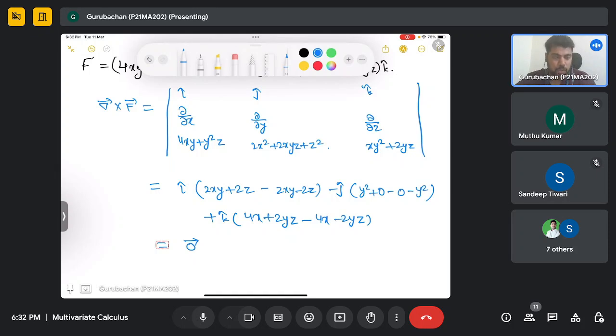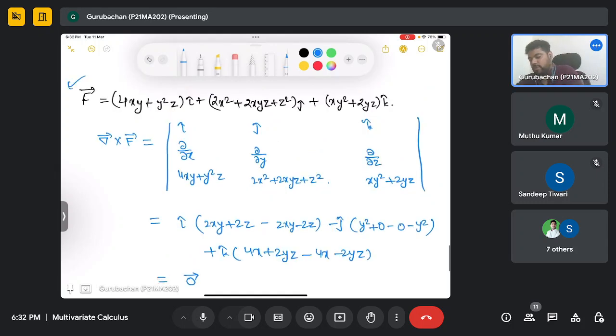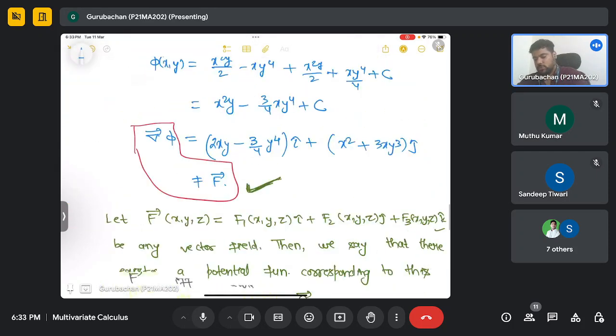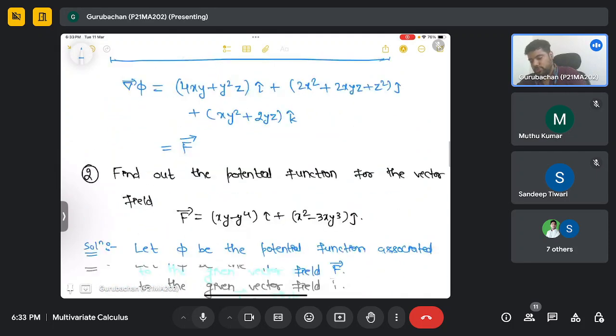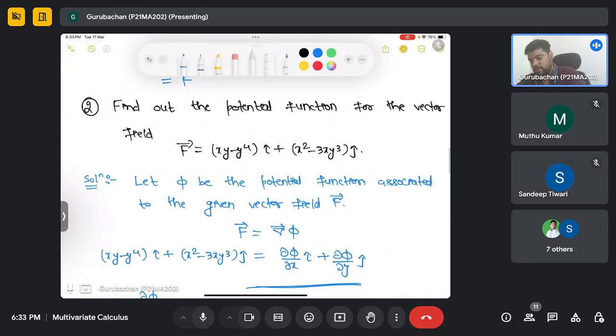So that means for this first question, we can guarantee that we have a potential function corresponding to this particular f. Now the same we have to check for the second one. In the second question, this is our given vector field.